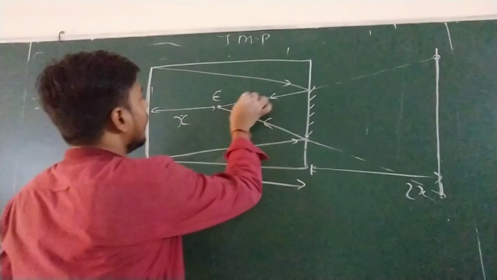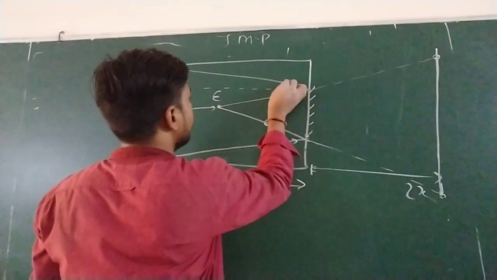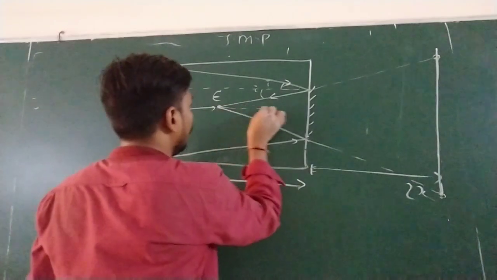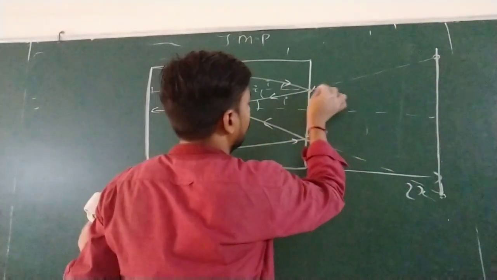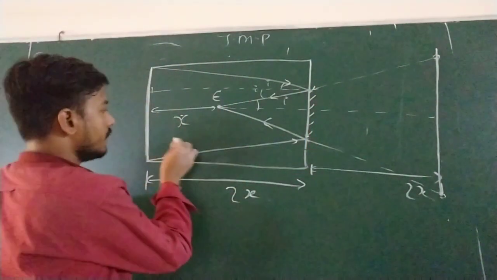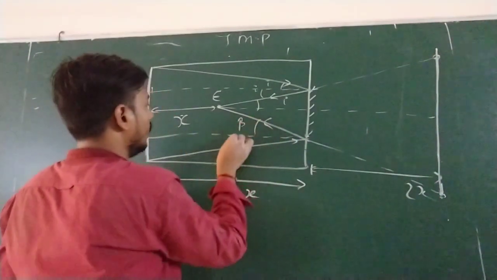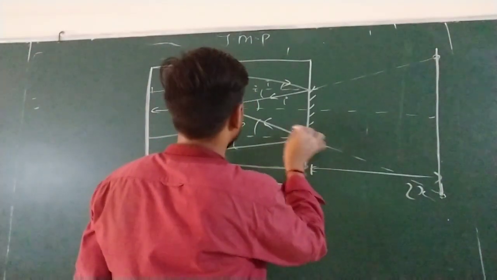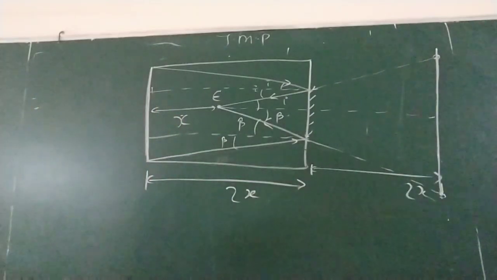Assume this angle of incidence is I. So this is also I. Suppose this angle of incidence here is beta. So I can say this angle is also beta, right?